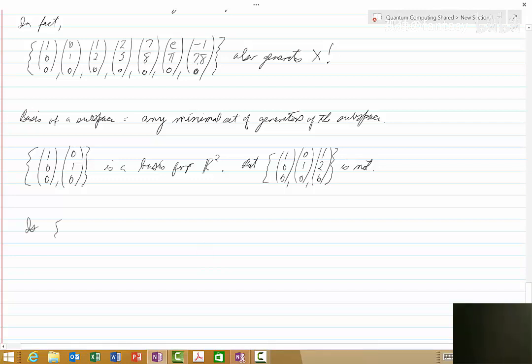Is 1 negative 1 0, 1 1 0 a basis for R2? I want you to look at that very carefully and see what you think, and then we'll all look at it together.